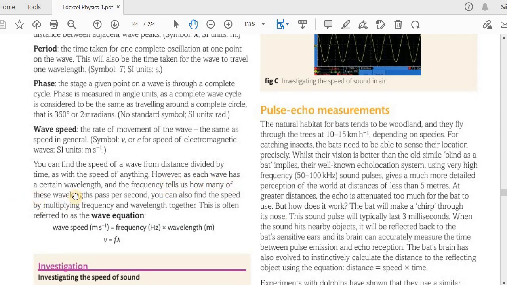You can also find the speed by multiplying frequency and wavelength together. That is what is indicated in this equation. This is often referred to as the wave equation. This equation is very important. You have seen that in the IGCSE or O-level classes also, and we will be using this equation a lot even in the A-level or IAS IAL classes.